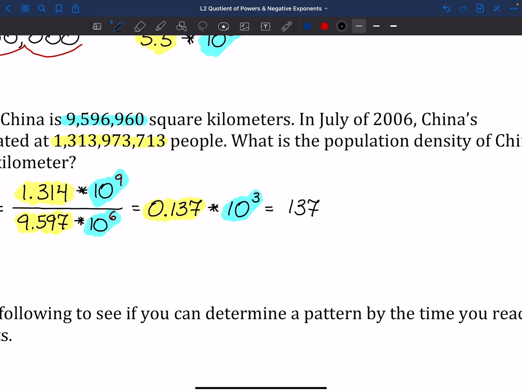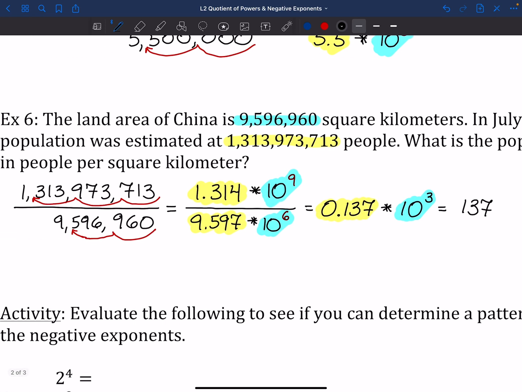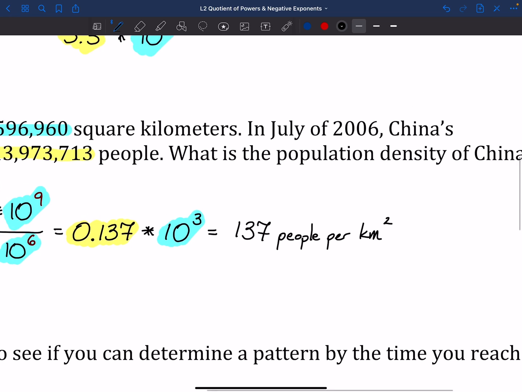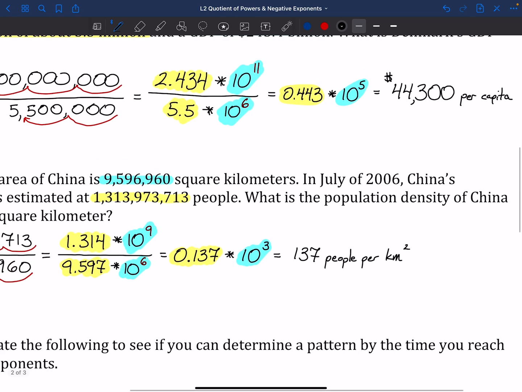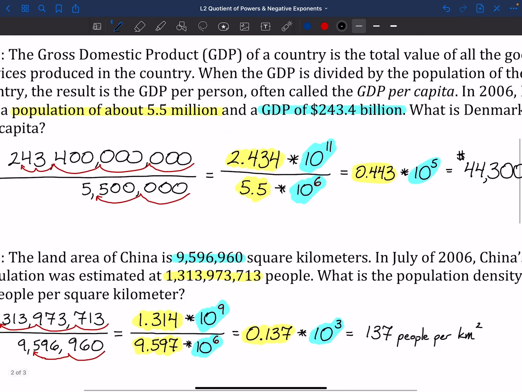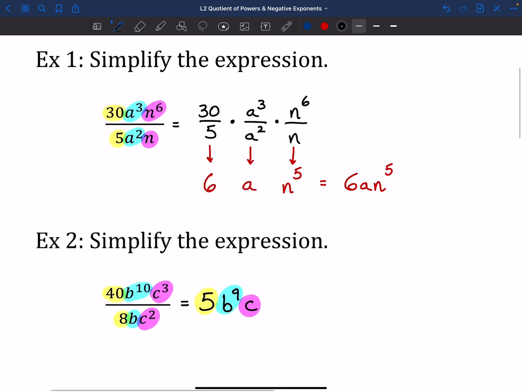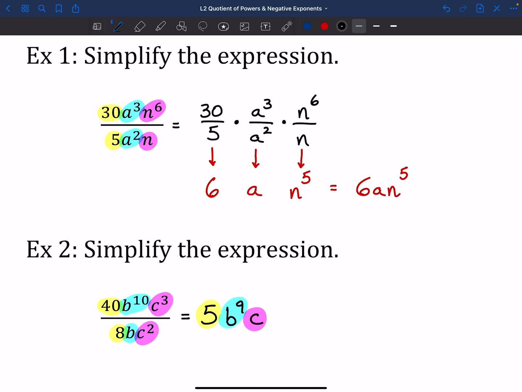Looking at where we started, hopefully using the calculator made that a little bit easier than trying to do it any other way. Because we're talking about population density, this is people per square kilometer, or kilometer squared. So scientific notation is one way that this property is really handy to us. We can also handle problems, and again, I know I'm flipping back, we can also handle problems that look like these that we were practicing with before.